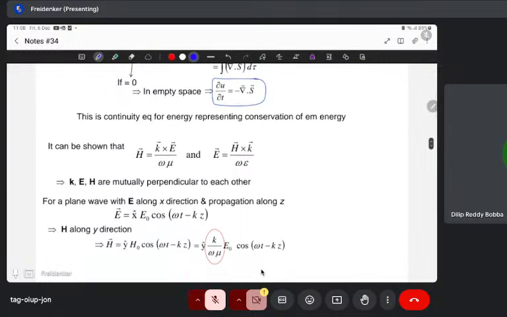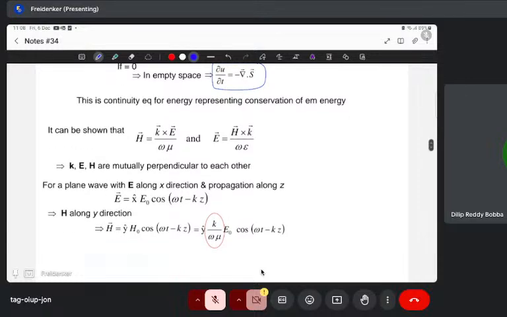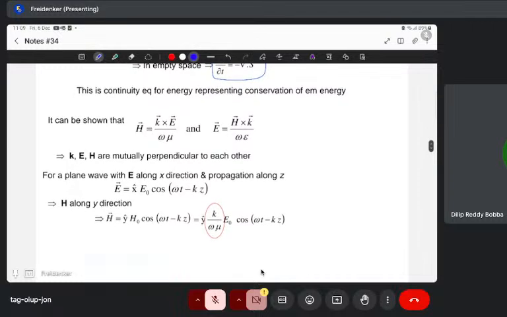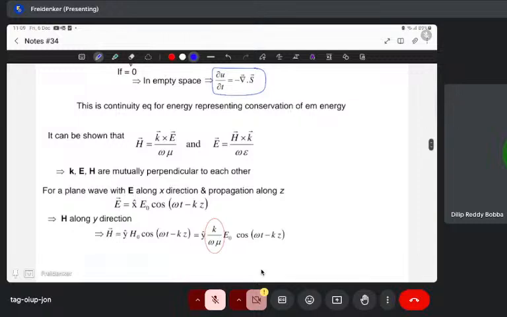It's already 11:08. It was like 10 minutes per slide, and this is the situation here. Okay. Fine. There was continuity equation, which was this one, right? We had this, and now we have this. We have continuity equation for energy. This was continuity equation for charge.